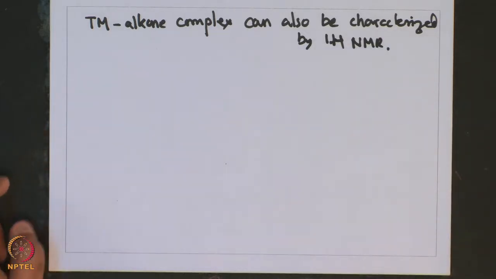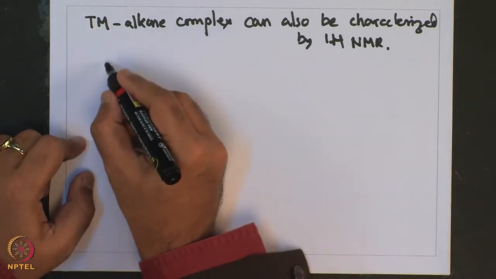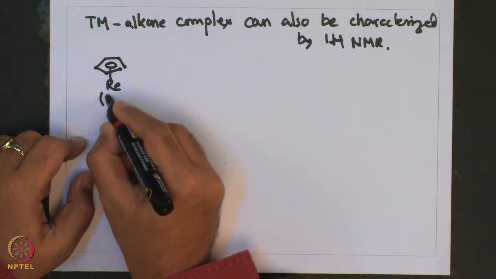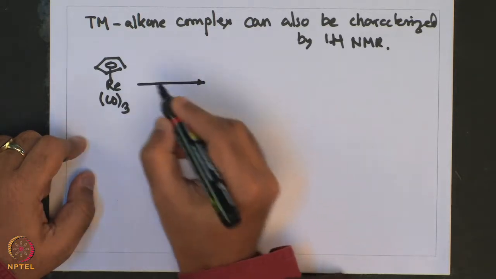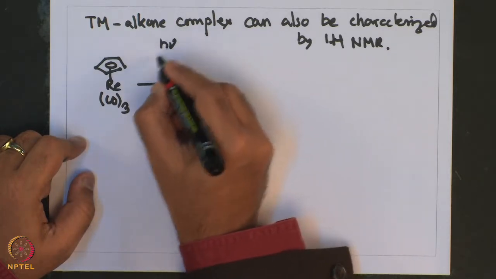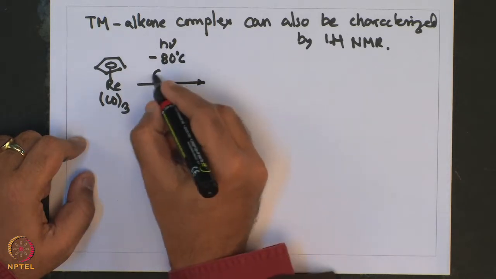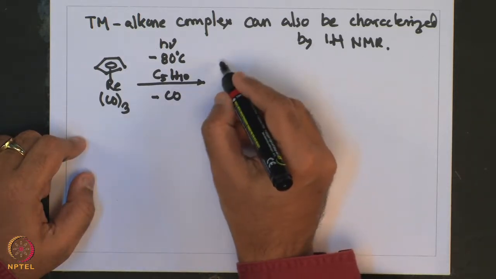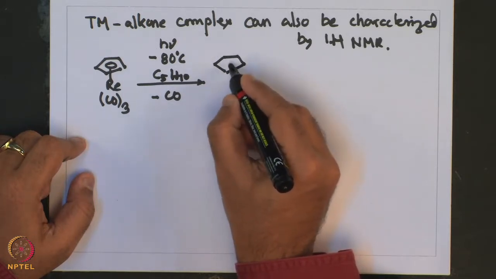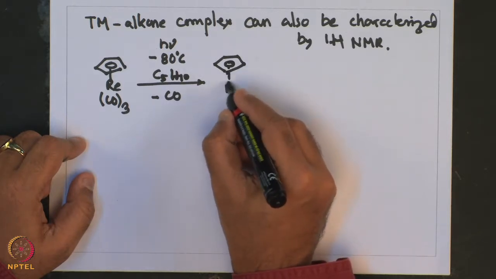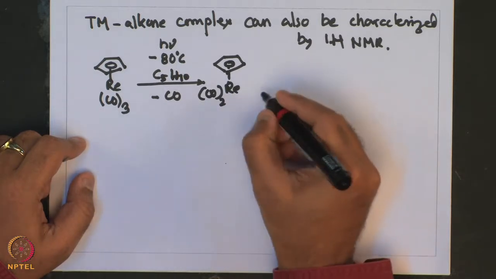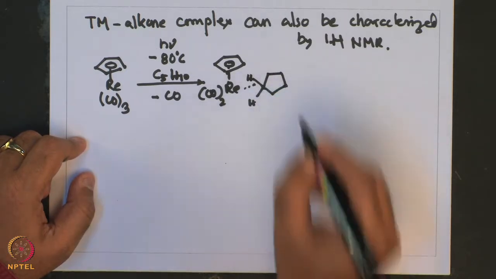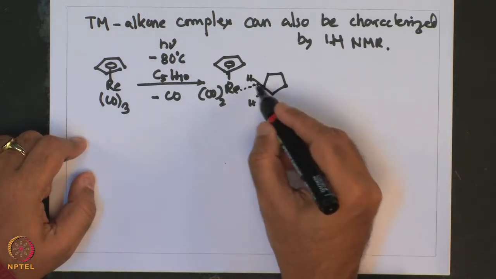For example, this Cp rhenium tricarbonyl compound at low temperature, in the presence of light at minus 80 degrees centigrade, in the presence of C5H10 eliminates the carbonyl to give the corresponding C5H10 complex, which shows this kind of CH sigma interacting with the metal.